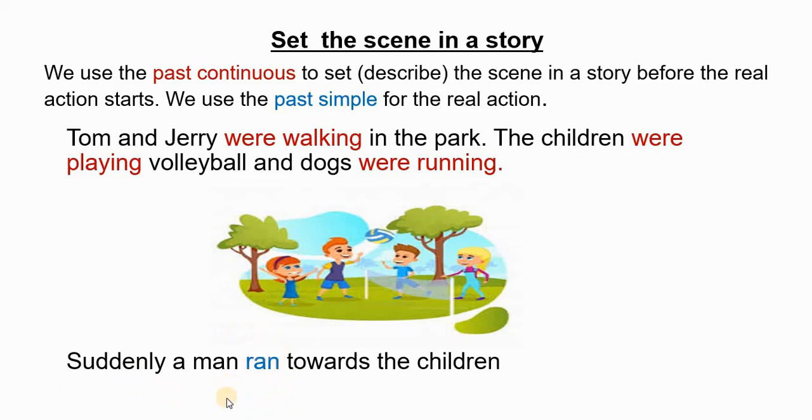So, the past continuous for the background, we're walking, we're playing, we're running. The past continuous for the background, for the scene, and then the real action, ran, which is past simple.